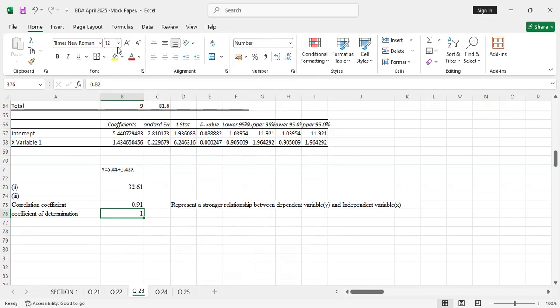So the 0.82, the coefficient of determination, is a higher R square value. Let me return the 0.82.